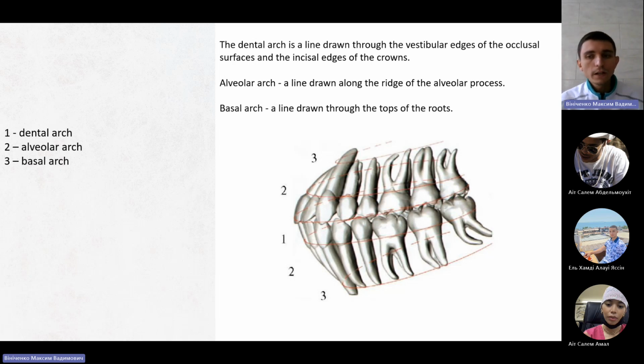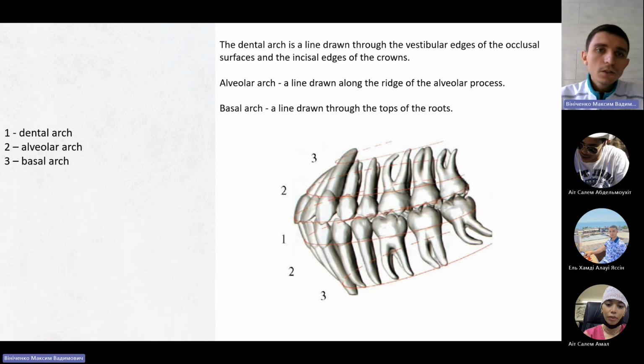The alveolar arch lies between them. Number 1 is the dental arch, drawn through the vestibular edges of the occlusal surfaces and the incisal edges of the crowns.